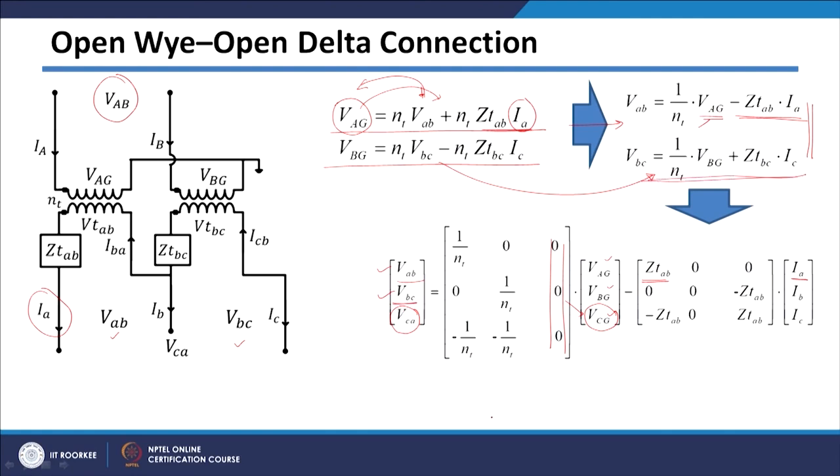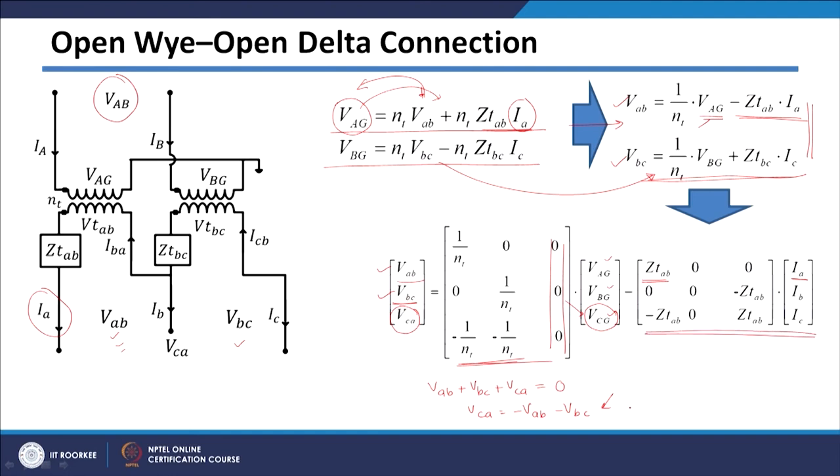And the third equation we are getting from adding all the 3 voltages on the secondary side. So basically we are getting this by adding all the 3 equations. We know that VAB plus VBC plus VCA should be equal to 0, and in that case VCA will be equal to minus VAB minus VBC. So VAB is this one, VBC is this one, I can put into this equation, and from that I will get this third equation which I am putting here.